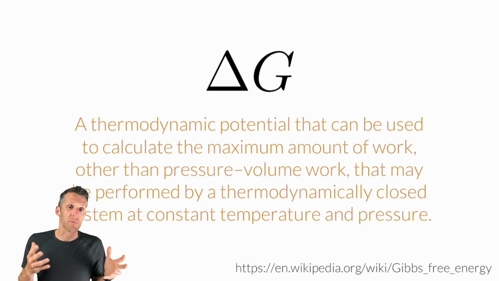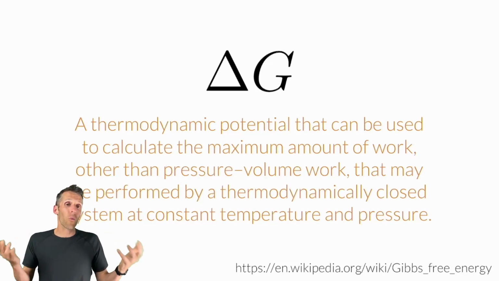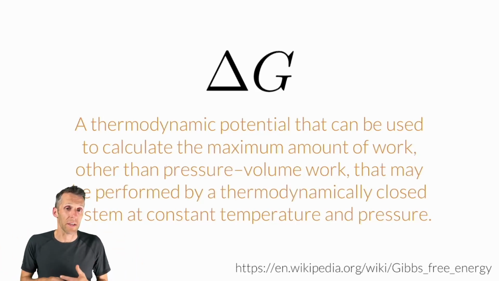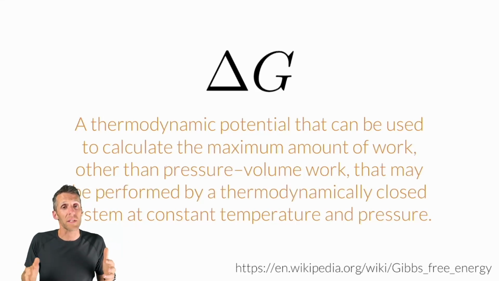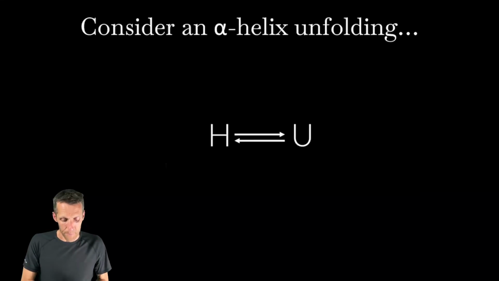One of the things that's important about thermodynamics is rigor. But in this case, I think by being rigorous, we're losing clarity. We're losing what in the world this free energy thing is telling us. And what I'd like to argue, particularly for a student, is that maybe the best way to think about free energy is simply as a bet. So let's unpack that a little bit.